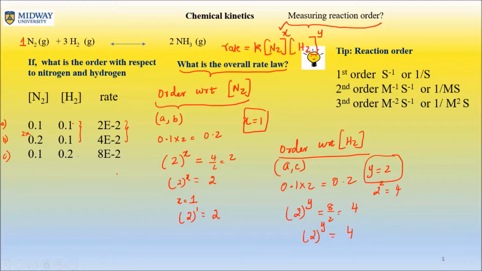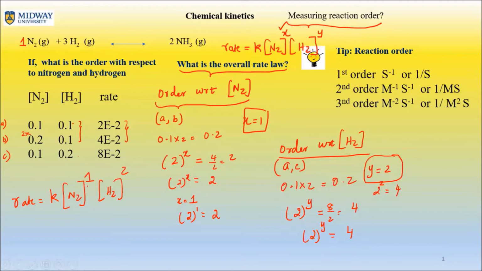Now, do you see I'm going to be able to write the rate law, which is rate equals k times N2 raised to the power 1, H2 raised to the power 2. Does it make sense? And that's why I told you that you cannot just use the number in front to complete the problem.